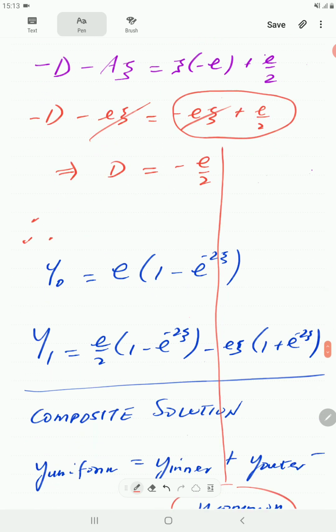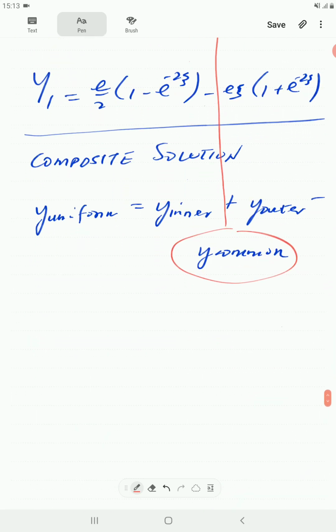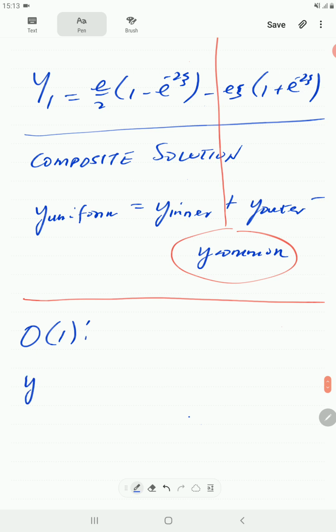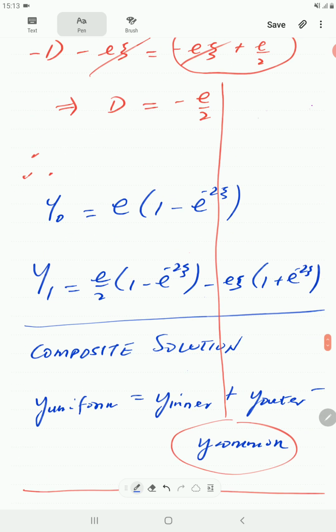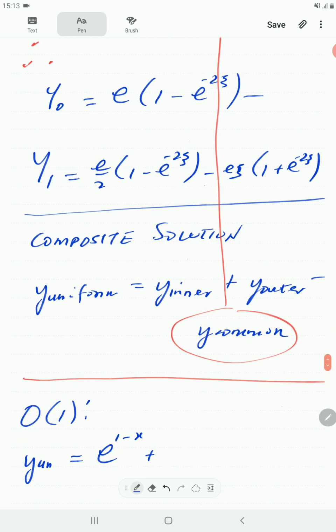So that means we can now derive the leading order uniform expansion. Okay, so that is the expansion at order 1. So y uniform is going to be equal to y naught, which is e to the 1 minus x. That's the outer solution. Then this is going to be plus the inner solution here. We're going to write everything now in terms of x.